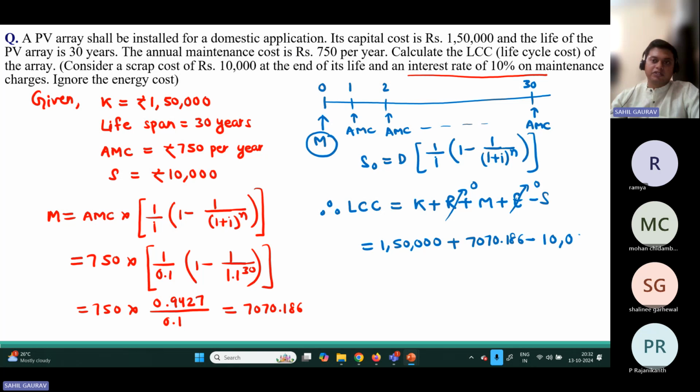Scrap cost is 10,000. So its value is coming as 1,47,007.